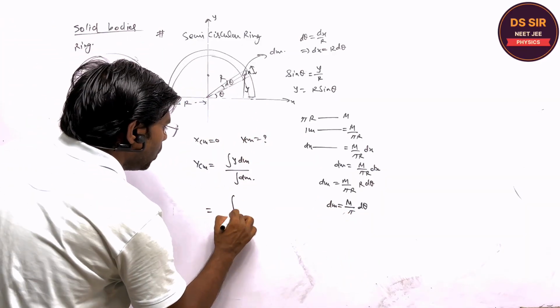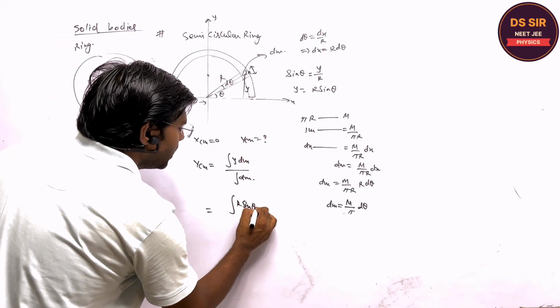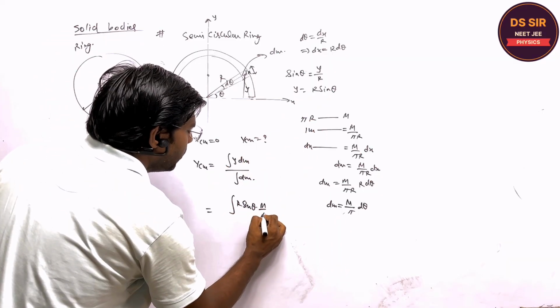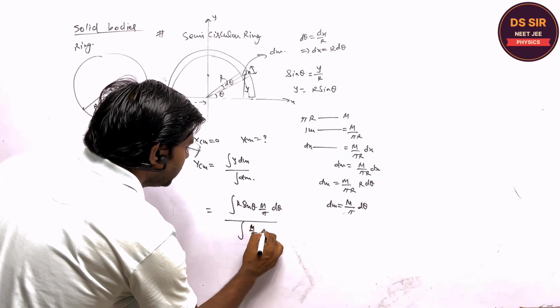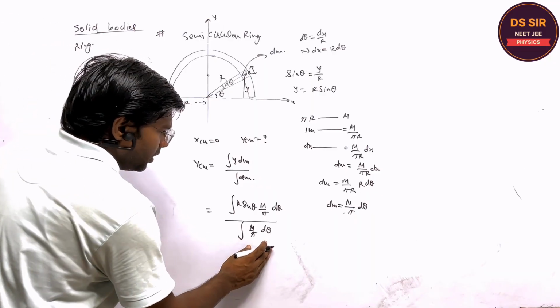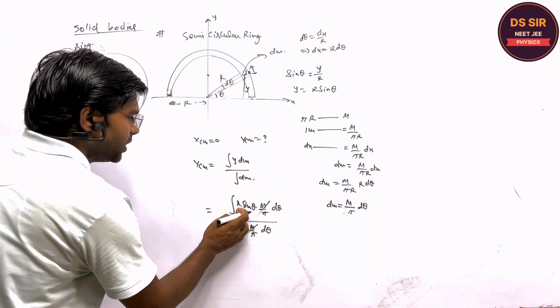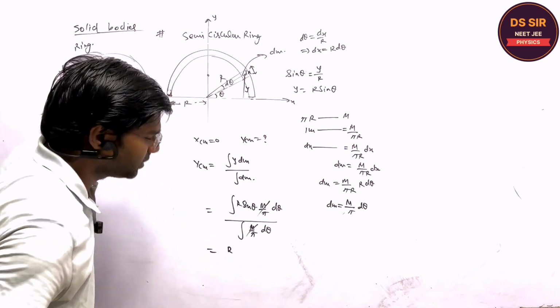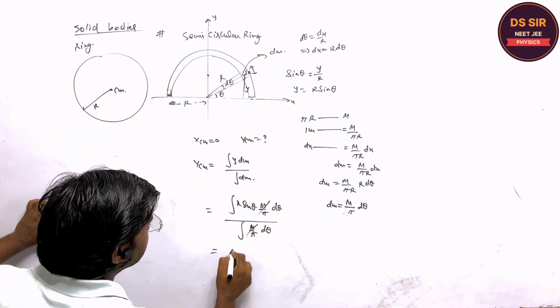Right. So I will put the value of y over here. This is r sin theta, and dm is m upon pi into d theta, divided by m upon pi d theta. Is it clear or not? So m upon pi will cancel out because it is constant. The r is also constant, so it will come out of the integration, right?